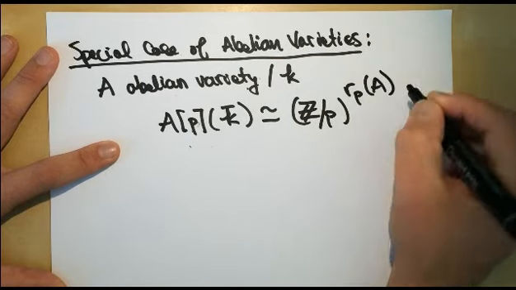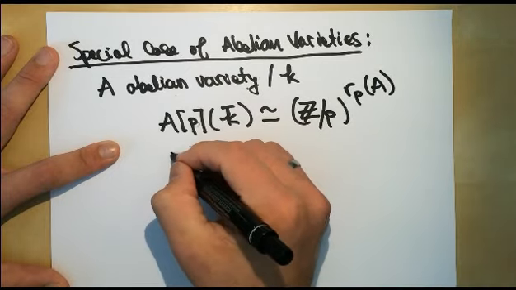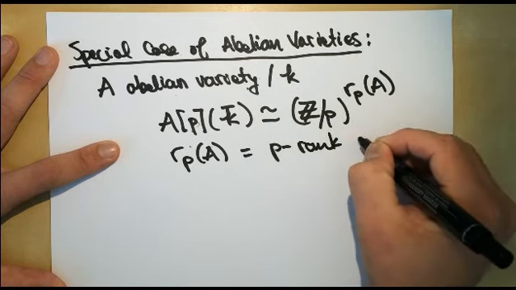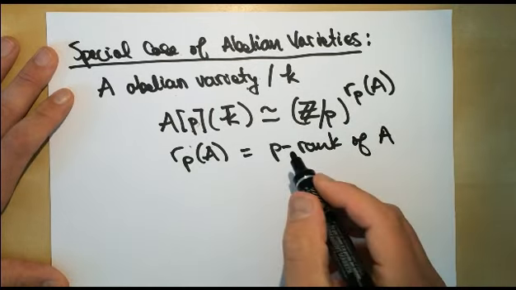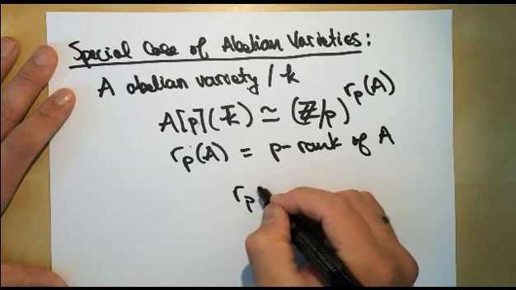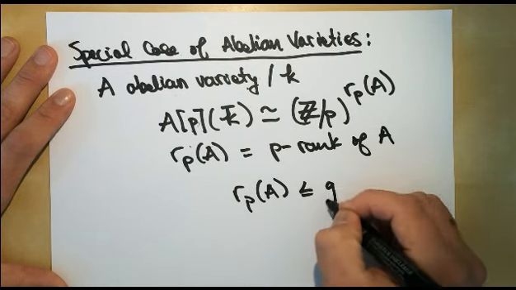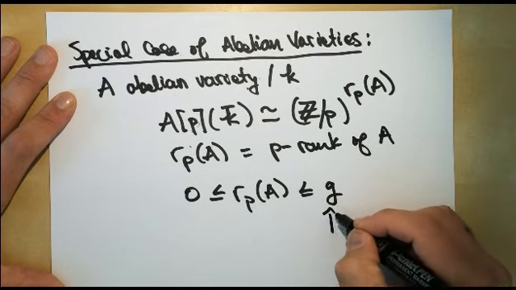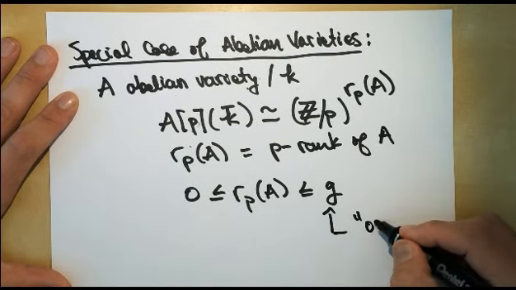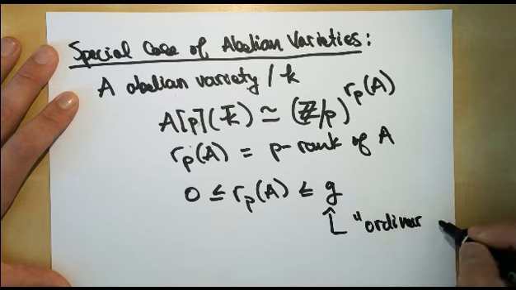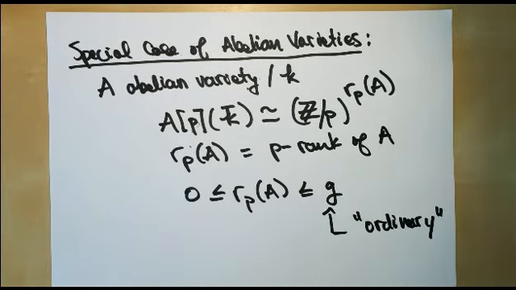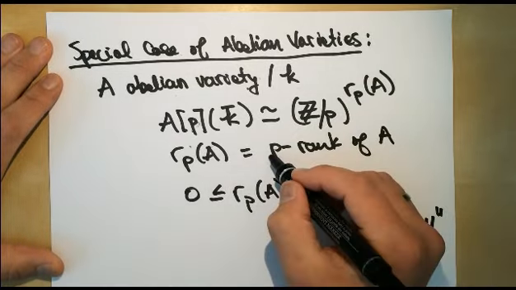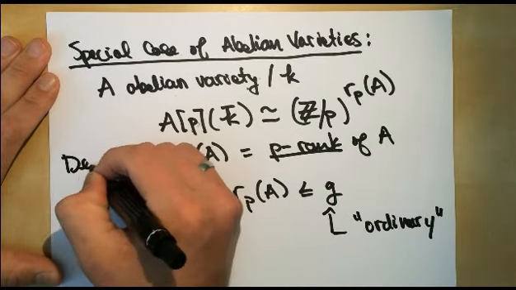This exponent r_p(A) is called the p-rank of A. It'll turn out that r_p(A) is a number between g and 0. And this is another version of ordinary: it will be the same thing as ordinary when A has maximal p-rank. So this is the definition of the p-rank.